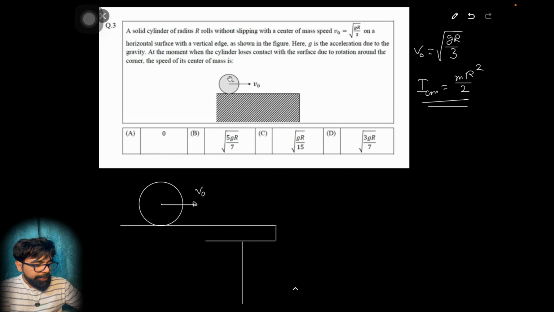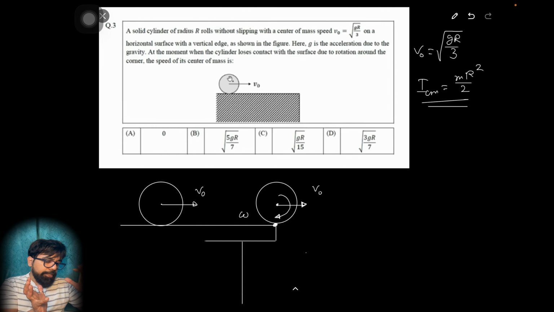When this rolling object has come here at the edge, let us assume that its velocity is V0 at that time, and the value of V0 is given, and it is rotating, right? So we can apply energy conservation between this point where the phenomenon of actually losing contact with the edge of the table starts.